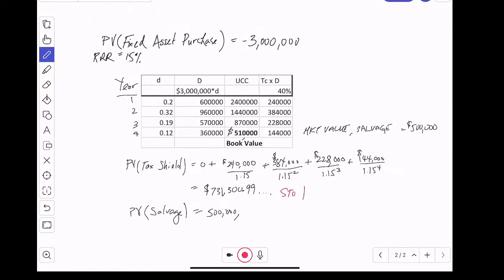So we're going to get $500,000, but because of the IRS, the book value can be claimed less the salvage value as a loss.